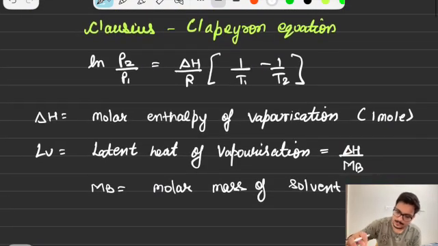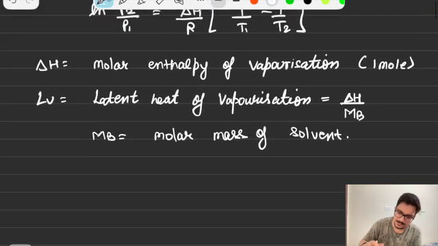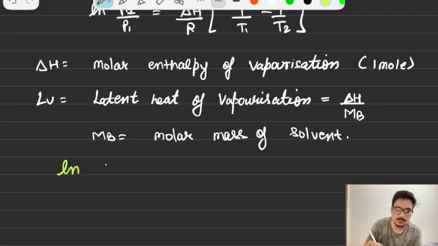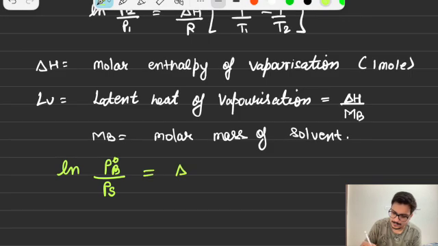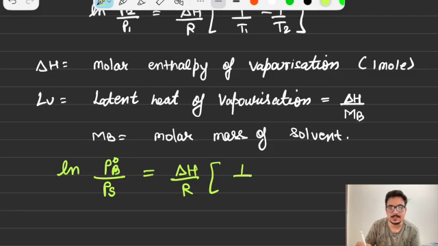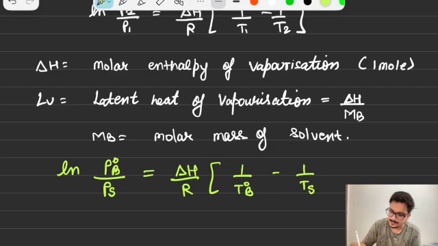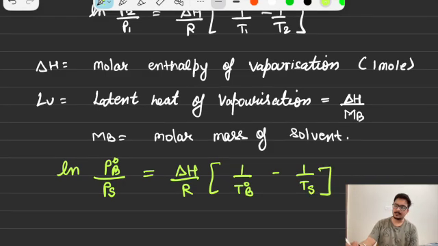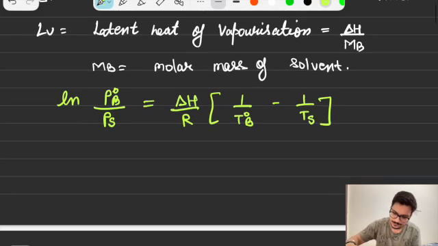So we will put this into the Clausius-Clapeyron equation, and it will look like natural log of P naught B upon Ps equals delta H upon R times 1 upon T naught B minus 1 upon Ts. Ts is the final temperature at which your solution will boil.